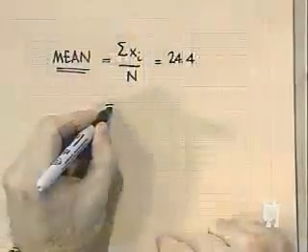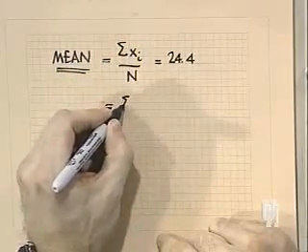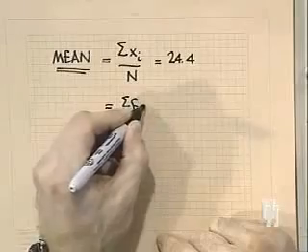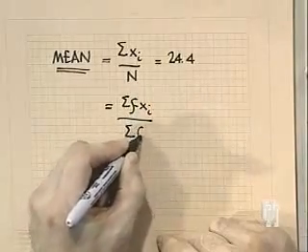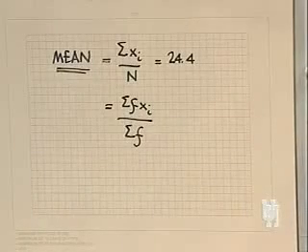You can compute the mean in another way. That is, you can compute the mean directly from the frequency distribution. And if you do that, the mean equals the sum of fxi divided by the sum of f.